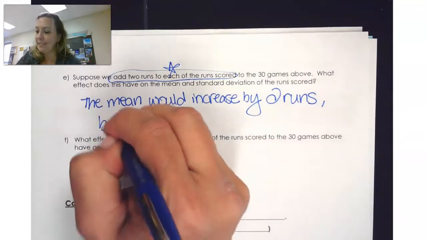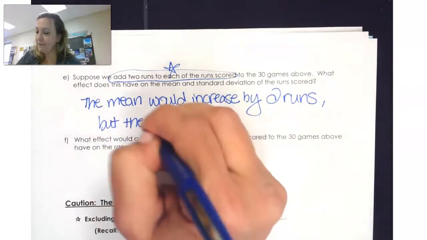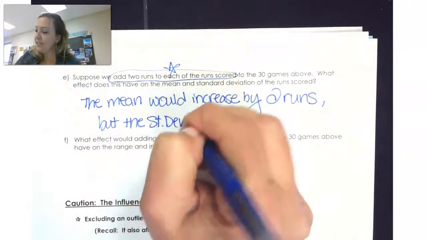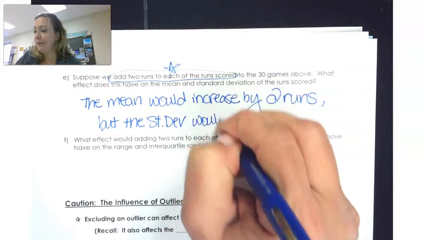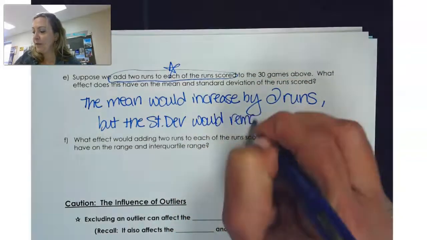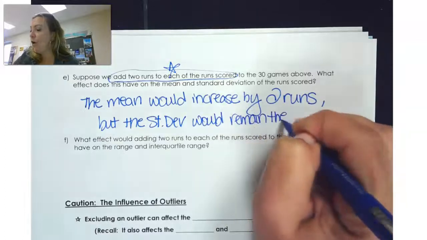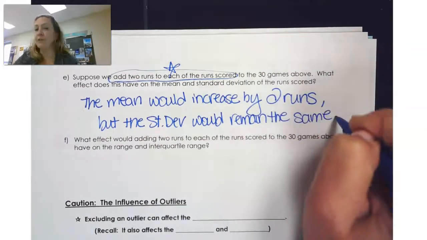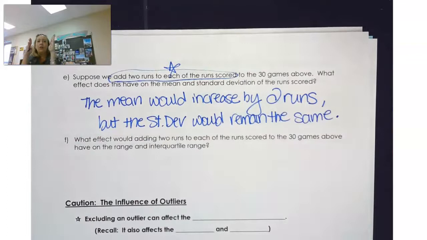But do you remember what happened to the standard deviation? Our standard deviation would remain the same. And that's because even though all the values are changing by 2, they're all increasing the same amount, so the spread stays the same.